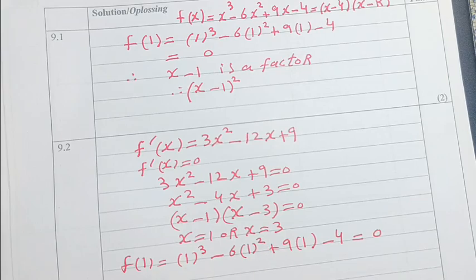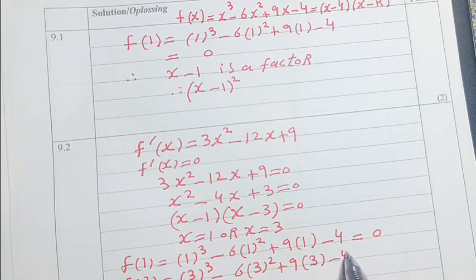Now I substitute 3. F of 3, to get the y value, is 3 cubed minus 6 times 3 squared plus 9 multiplied by 3 minus 4, and I use the calculator. That will give me negative 4.